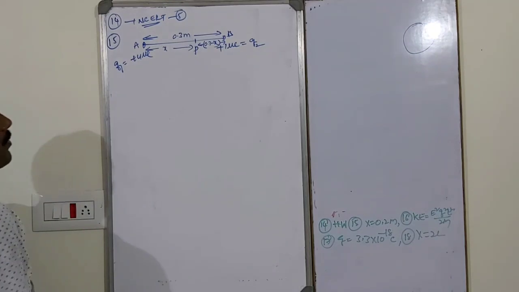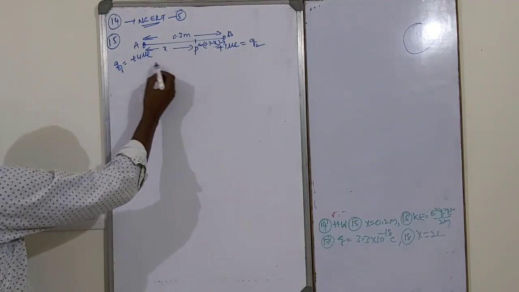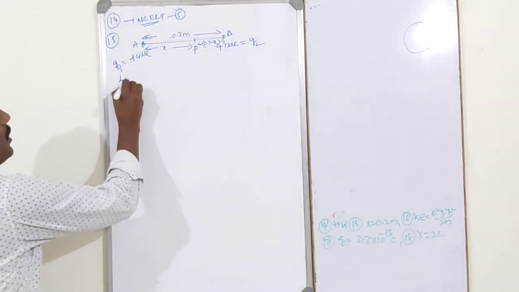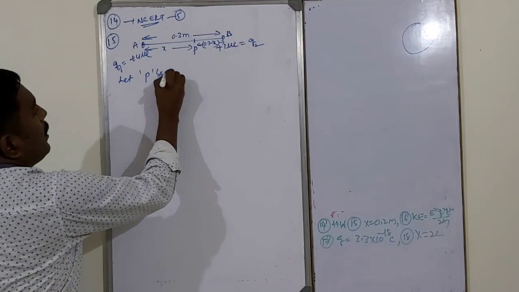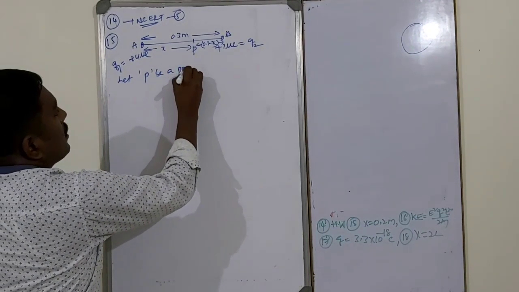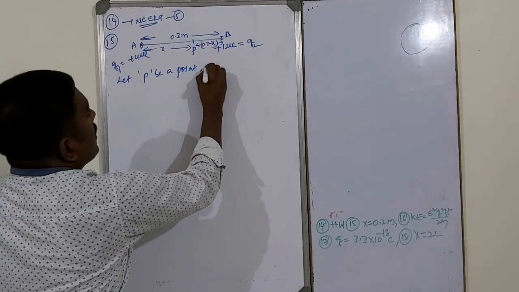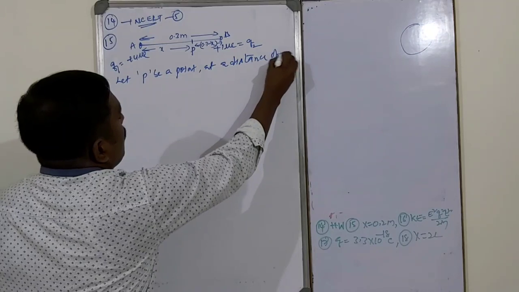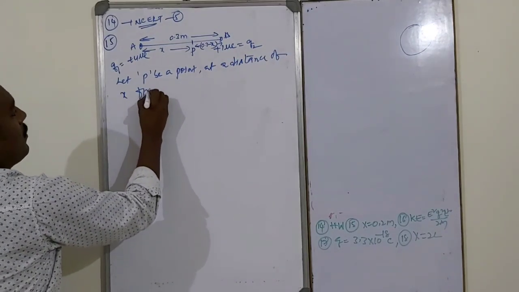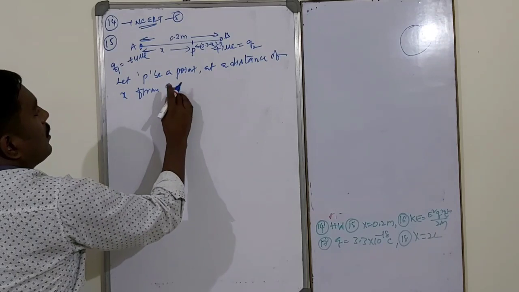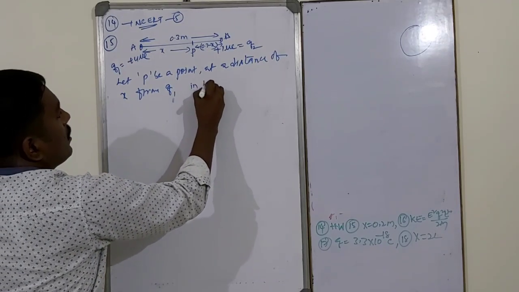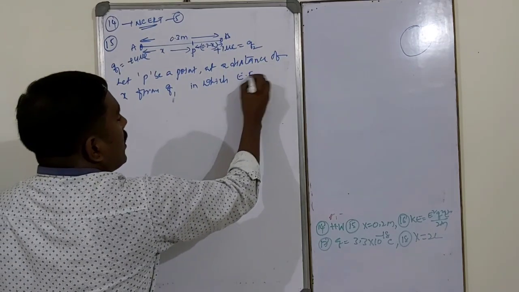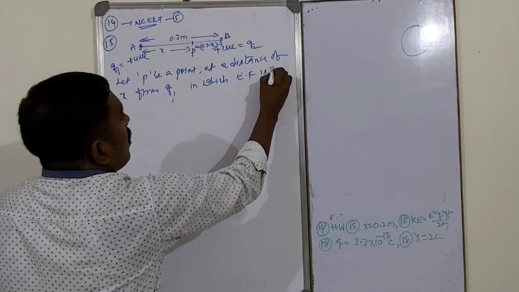Let P be a point at a distance of x from Q1 in which the electric field is 0.